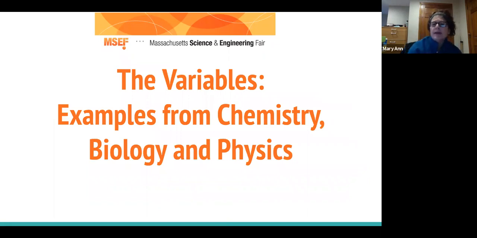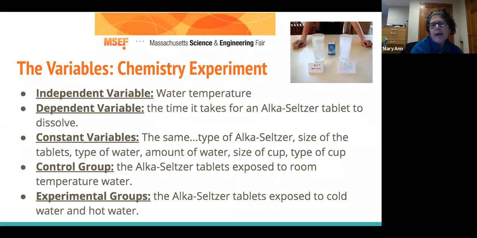So the variables, here are the examples from chemistry, biology, and physics. So for our chemistry experiment, oh, by the way, this is my go-to experiment. These 3 experiments are all my go-to experiments for kids who are struggling, for kids who can't pick a project, because they are really good with the background information.